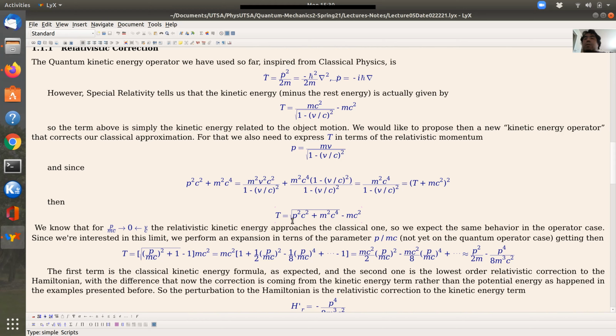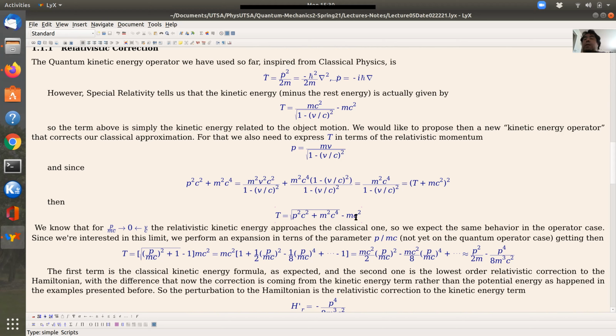So if we write the relativistic kinetic energy in terms of the relativistic momentum as a series expansion related to the square root, you obtain a series of terms. The first term will be the classical contribution, which in the limit is what this operator approaches. And the second term will be the first meaningful relativistic correction to the classical case. So that's exactly what we're going to do.